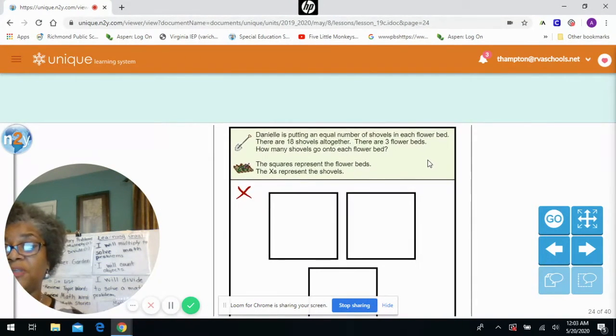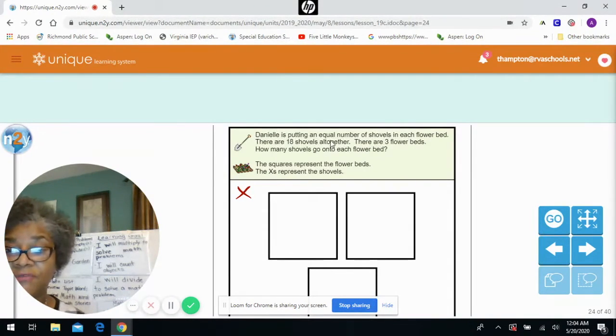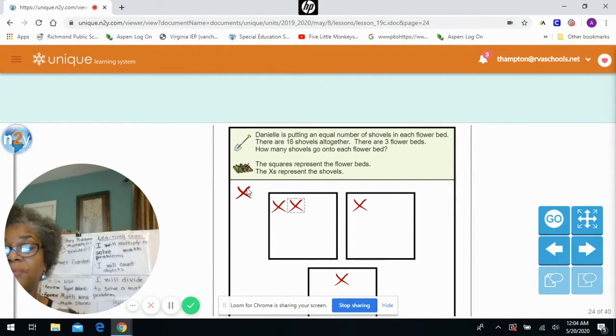So Danielle is putting an equal number of shovels in each flower bed, and there are 18 shovels altogether. There are 3 flower beds. How many shovels go into each flower bed? All right, here we go. So we're going to keep putting 1 shovel in each flower bed until we run out. Everybody gets 1, just like we're dealing them out. We're passing them out.